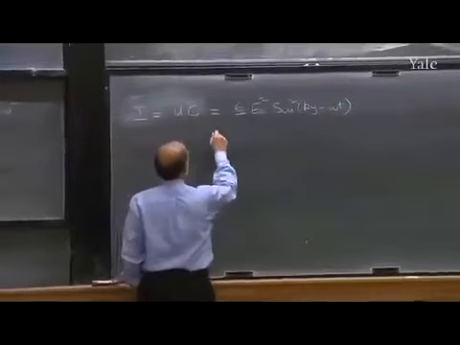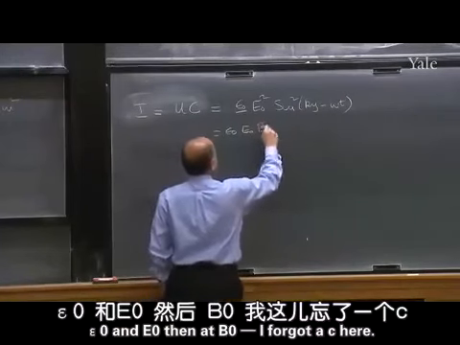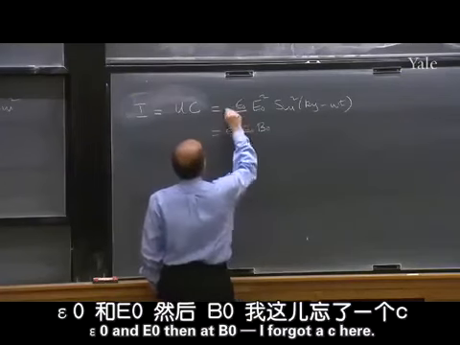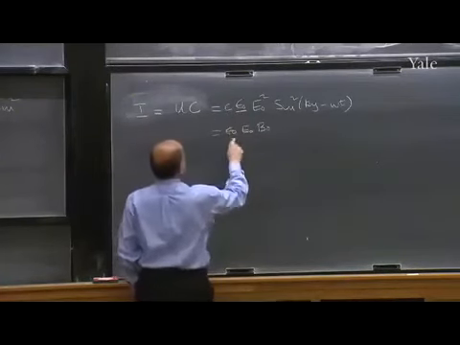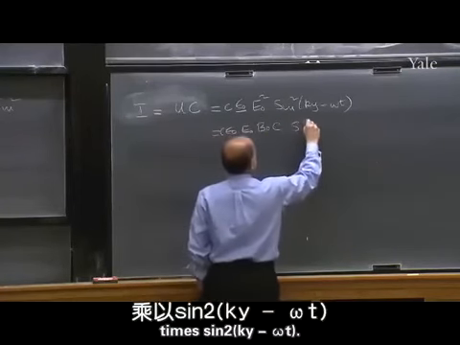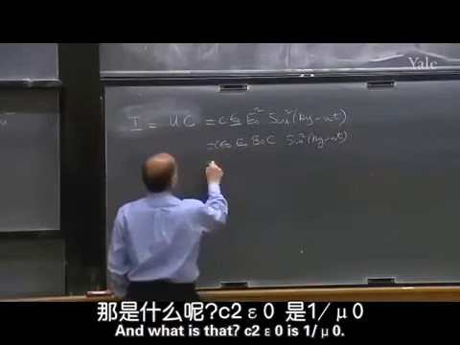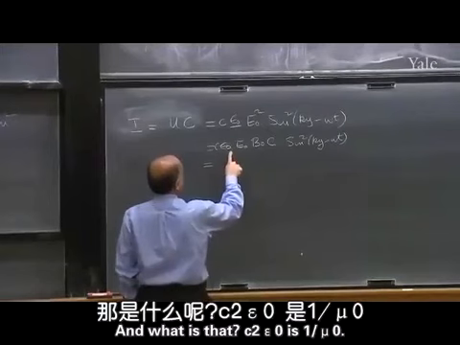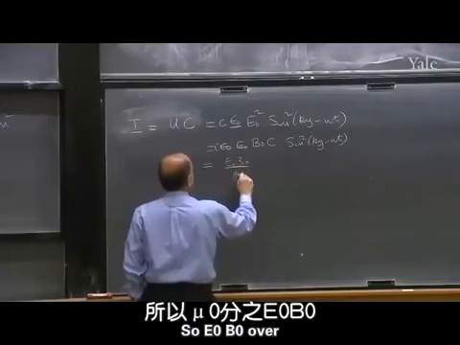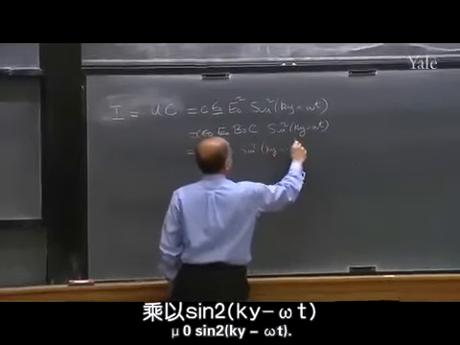Now I'm going to write it as follows. The epsilon 0 and E0, then a B0, I forgot a c here. You realize that? That's another c. Then E0 is B0 times another c times sine square ky minus omega t. And what is that? c squared epsilon 0 is 1 over mu 0. So E0 B0 over mu 0 sine squared ky minus omega t.